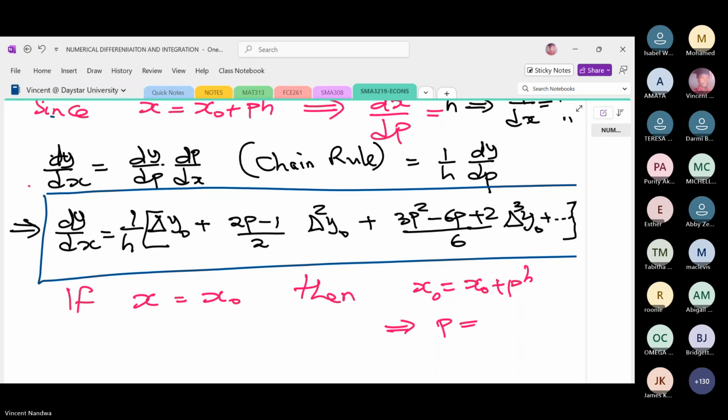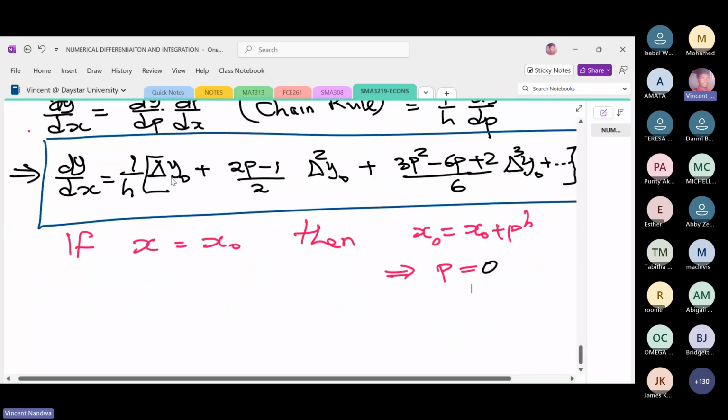Is it 0? Because it's simply x naught minus x naught is 0. So 0 equals ph. You divide through by h, you get 0. So this means that p will be equal to 0.